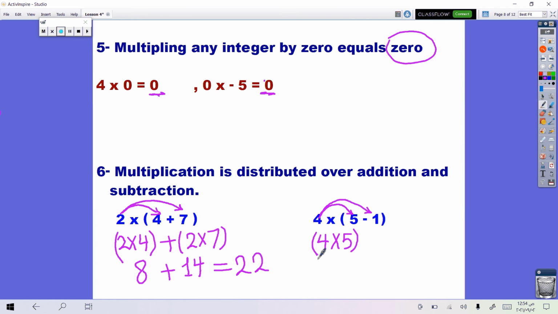We will keep the difference sign in between and then multiply 4 by 1. You have to perform the operation inside the brackets. 4 by 5 equal 20 minus 4 by 1 equal 4. 20 minus 4 will be equal 16, which is distributive property over addition and subtraction.